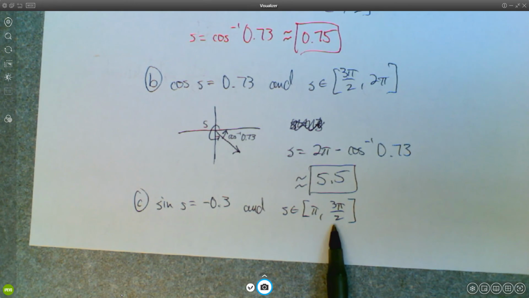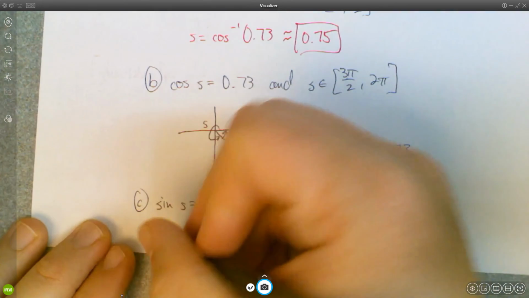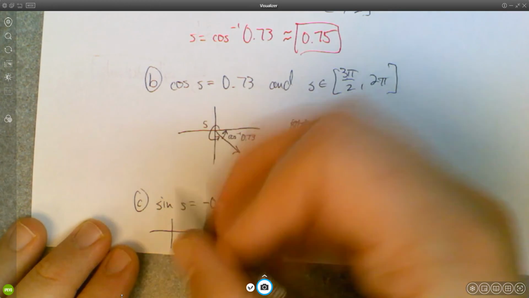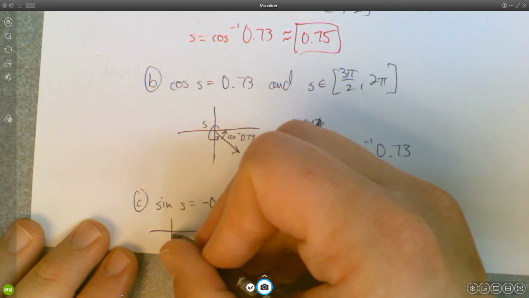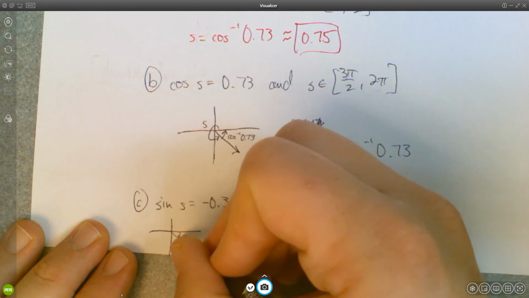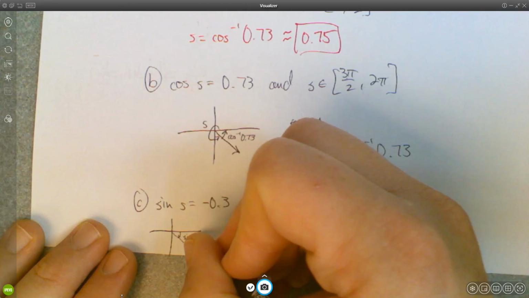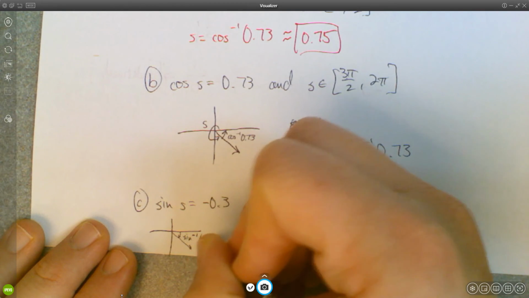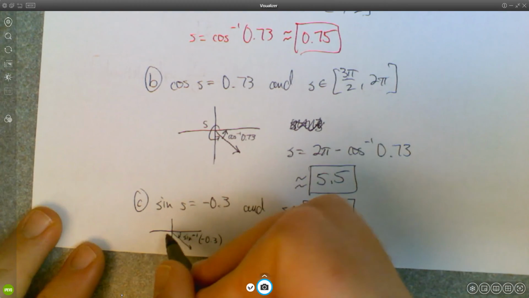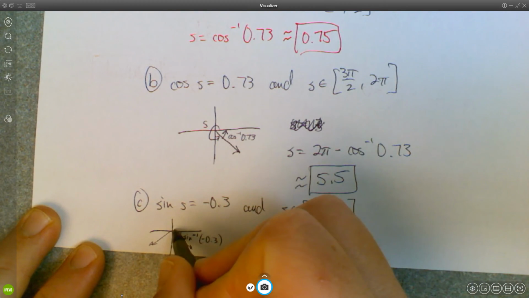Okay? So sine inverse of negative 0.3 is going to be like this angle down here. That's going to be sine inverse of negative 0.3. That's that angle. But we're not interested in that angle. We're interested in this angle.